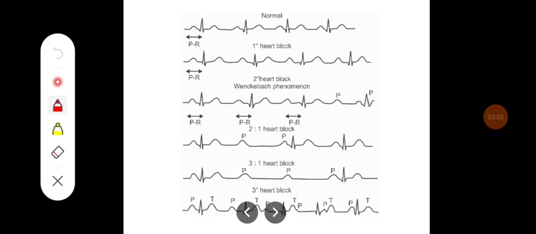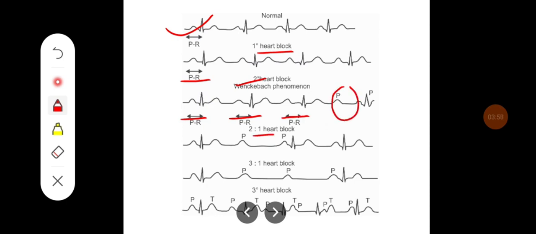This is a diagram showing the normal rhythm. This shows first degree heart block, where there is a prolonged PR interval, and here it is showing different types of second degree heart block, that is the Wenckebach phenomenon. Here PR is prolonged in subsequent beats, and at one point the QRS complex disappears.